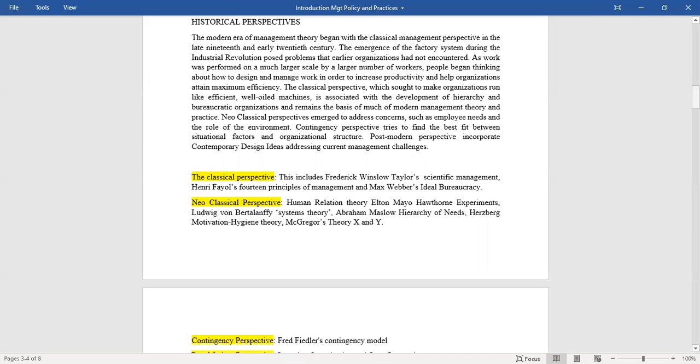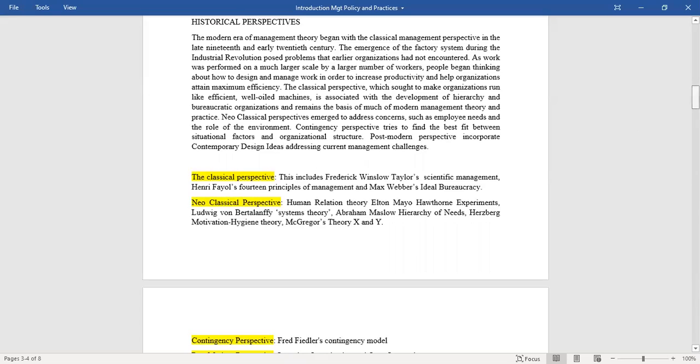From the classical perspective of the 19th century, explained by Frederick Taylor in Scientific Management, Henri Fayol, and Max Weber, and the neoclassical perspectives as well, these have shaped the way organization theory has emerged.